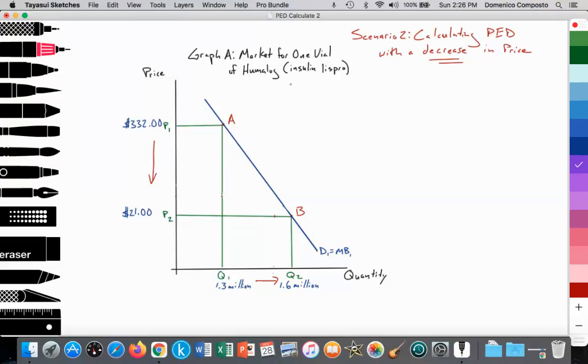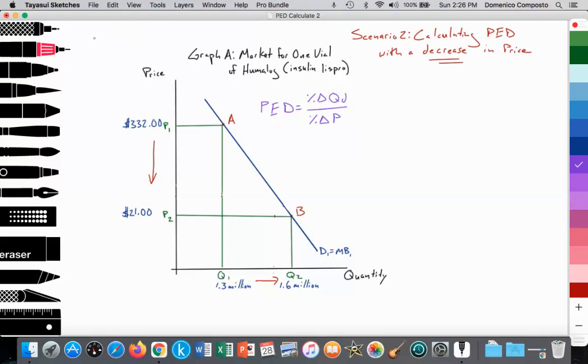All right, so let's go ahead and calculate PED as a result of that change in price. So we're going to remember that the PED formula is equal to the percent change in the quantity demanded over the percent change in price.